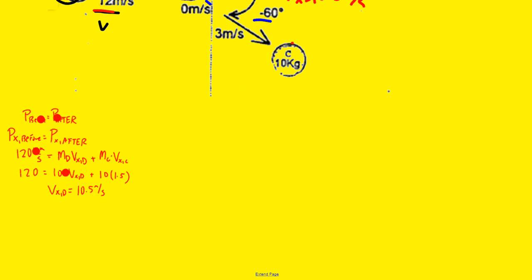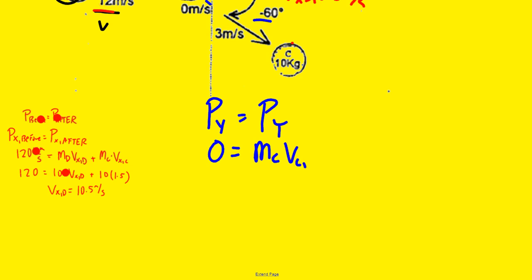Again, the momentum in the y direction before the collision has to equal the momentum in the y direction after the collision. Because it's 0 before, it has to equal 0 after, meaning 0 equals the mass of C times the velocity of C in the y direction, plus the mass of D times the velocity of D in the y direction. In other words, the two have to be equal to each other, just opposite in direction.